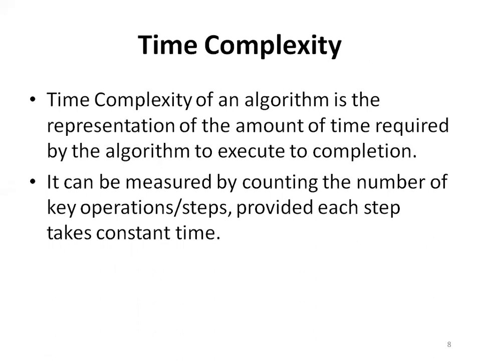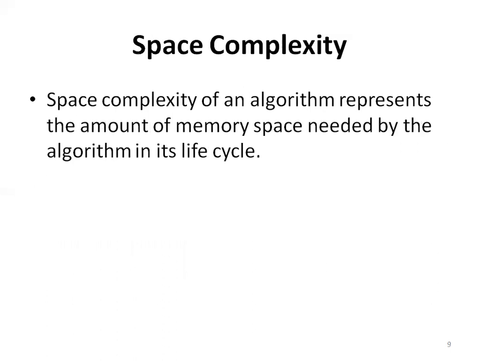And how much time each step takes depends on the computer architecture. So when you multiply the number of steps of the algorithm with each step's time, then you will get the total time required by that algorithm to complete its execution. So this is time complexity. It is the total time required by the algorithm to complete its execution. Similarly, space complexity is the memory space required by the algorithm to complete its execution during its life cycle.